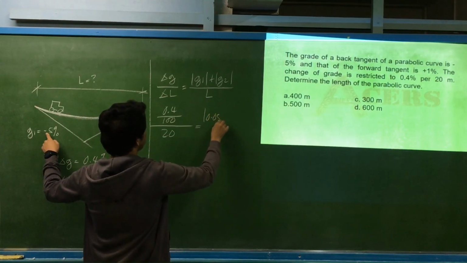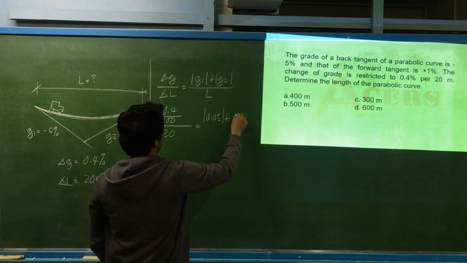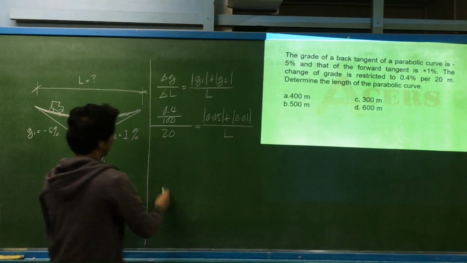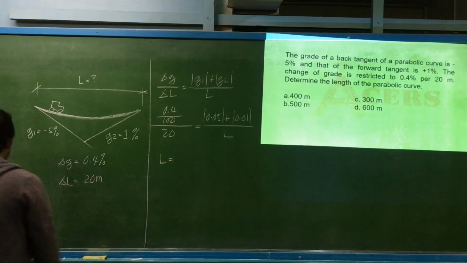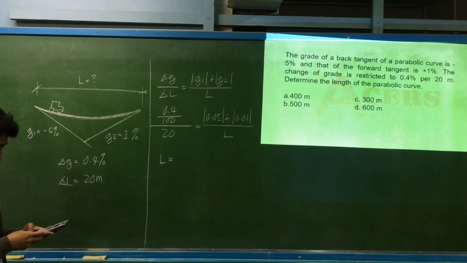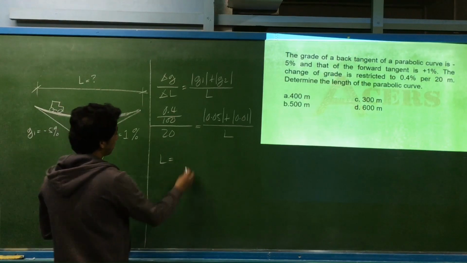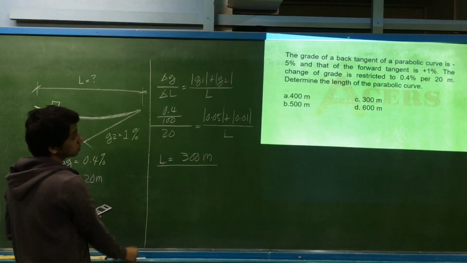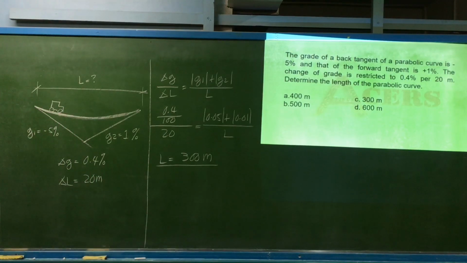We have 0.05 plus, we have absolute value 0.01 divided by the actual length of the curve. So let us determine the length of the sag curve. So we have the length of the sag curve is equal to 300 meters. So in this problem, sagot natin is letter C.